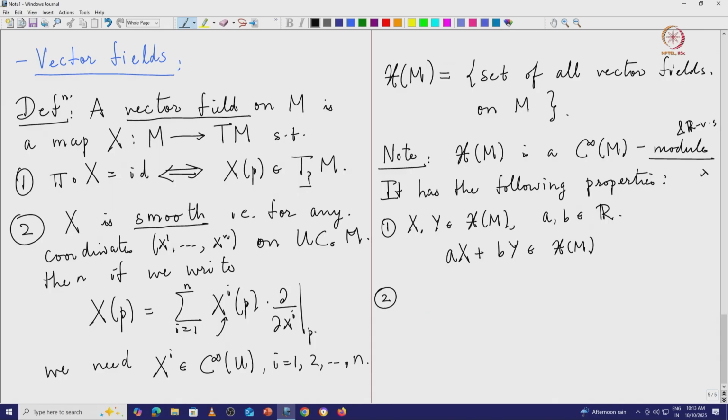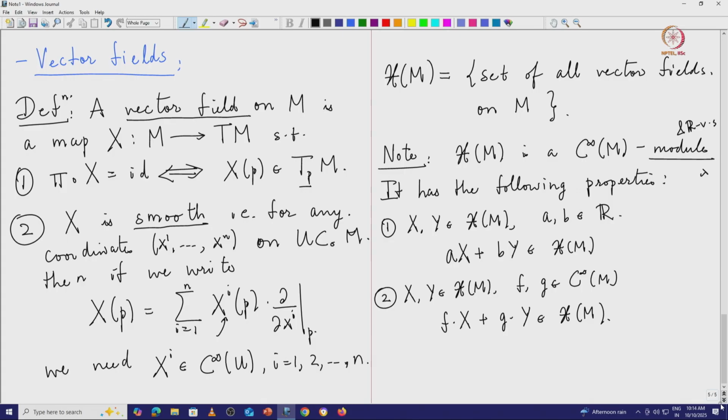Secondly, again, if you have X, Y here, and now let's say you have smooth functions on M, then you can also define multiplication by smooth functions. Okay, that will give you another vector field. Okay, so in that sense, it's a module over the space of smooth functions.